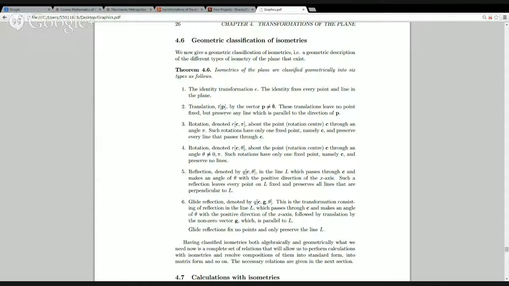You can see that in the picture, because this case is where the vector (c, d) is pointing up this direction. So you can see that i and j have just been rotated by the angle theta.